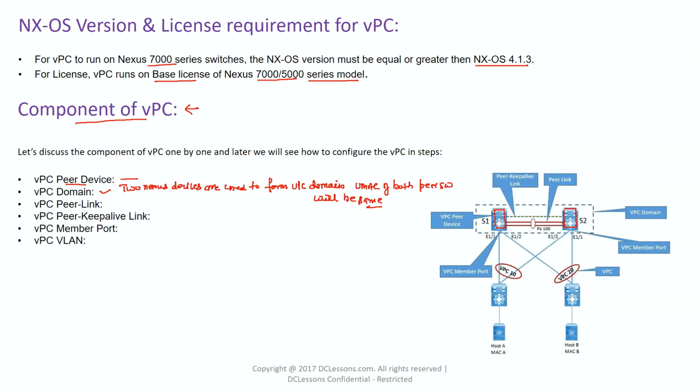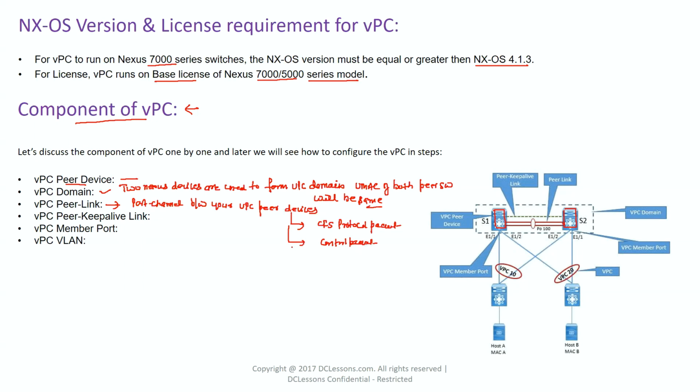Now, what is a VPC peer link? A VPC peer link is a port channel between your VPC peer devices. Now, what is it used for? It is used to share the CFS protocol control packets, right?